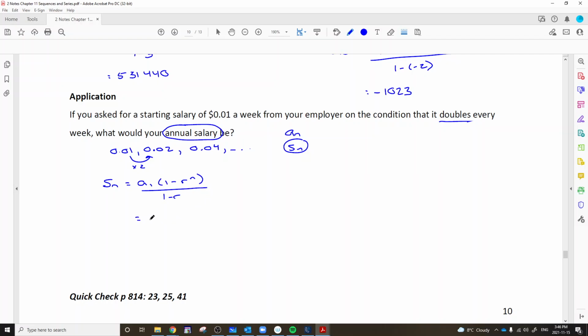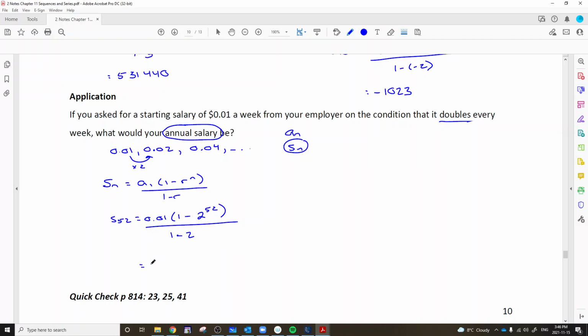All right, what was the first term? Well, we made a penny the first week. My common ratio was that I'm doubling. I'm going to have how many terms? Well, if you're getting paid a cent a week and doubling every week, there's 52 weeks in a year. So there's going to be the sum of 52 weeks. So n is 52 all over 1 minus 2.